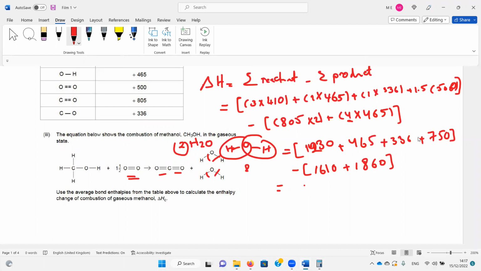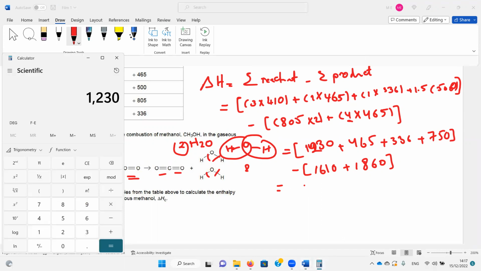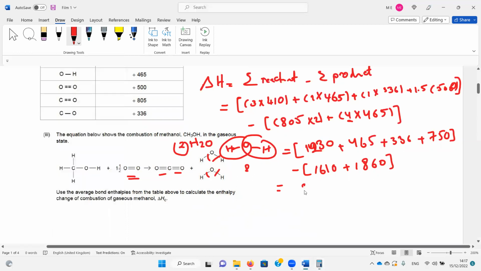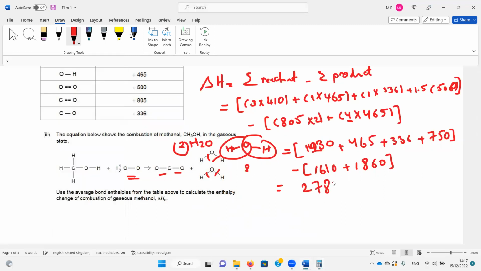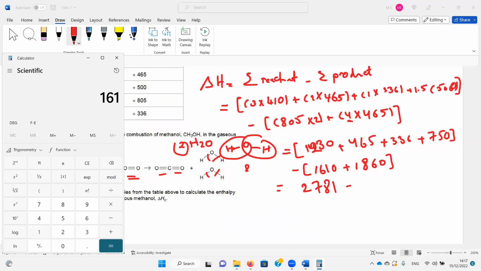If we add all these numbers together, 1230 plus 465 plus 336 plus 750, that is 2,781, minus, and on the other side we have 1610 plus 1860, that's 3,470.